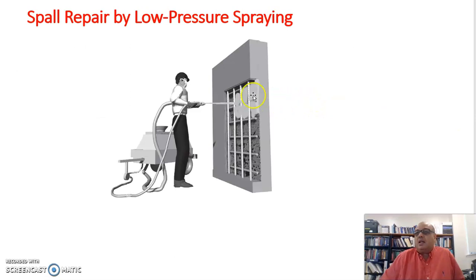Another method that you probably can research is the spall repair by low pressure, and that is similar to the wet mix shotcreting that we talked about, or that you are researching right now, but it's happening at a lower pressure, lower velocity, and you can get closer to the damaged part.